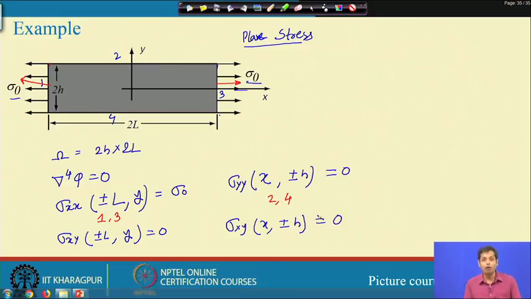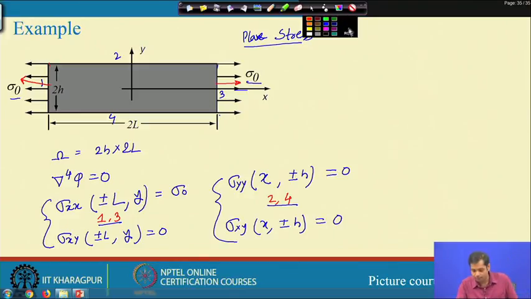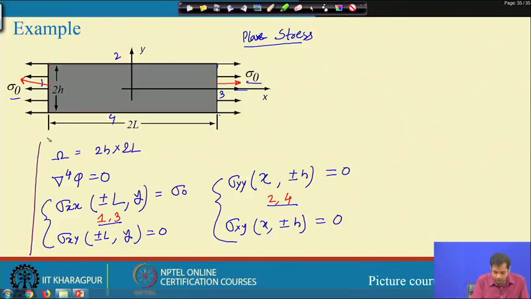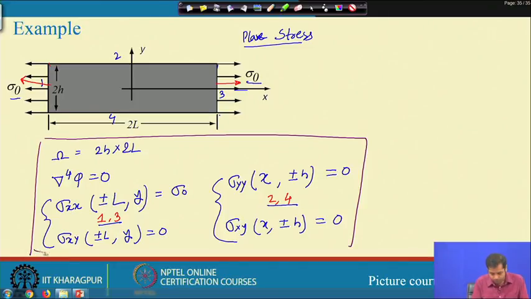So these are the four conditions specified at the four boundaries, two at boundaries 1 and 3, and two at boundaries 2 and 4. This is my complete description of the boundary value problem.